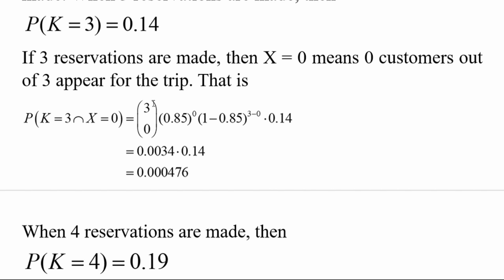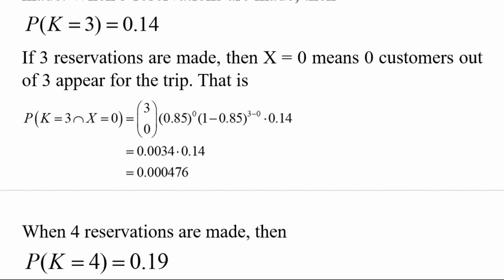The probability that a customer will appear for the trip remains the same, equal to 0.85. But the number of trials becomes n equal to 3 instead of n equal to 6 in this case, right? So, here we need to find the probability that the number of reservations made by the company is 3 and the trip is empty and no customer appears for the trip, right?